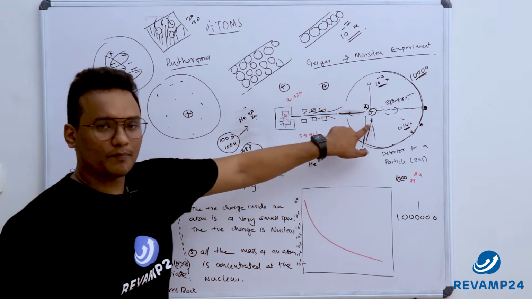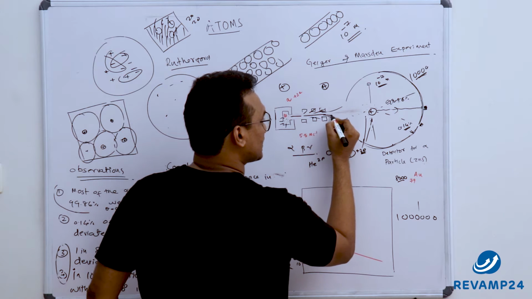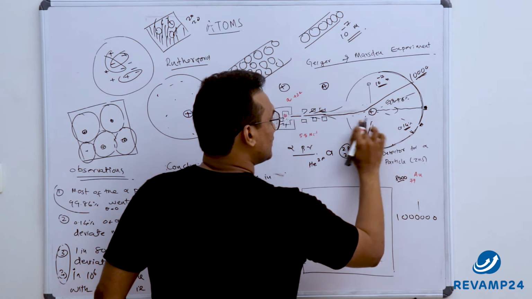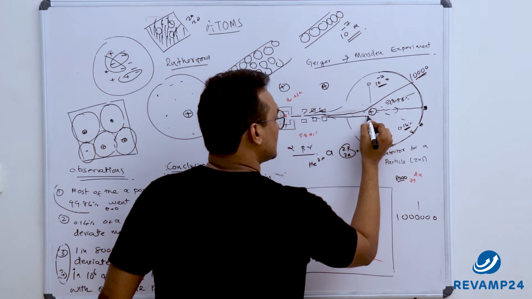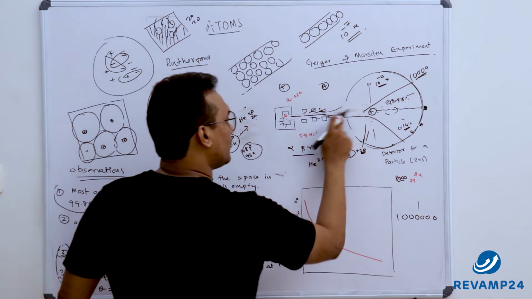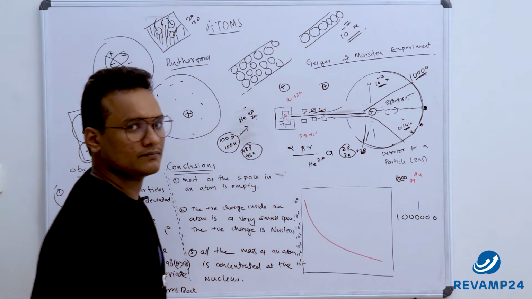Now when the alpha particle comes in this direction, it sees a positive charge, that will deviate. And when the alpha particle comes in a straight line, that will return back.